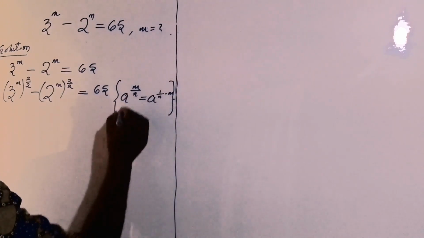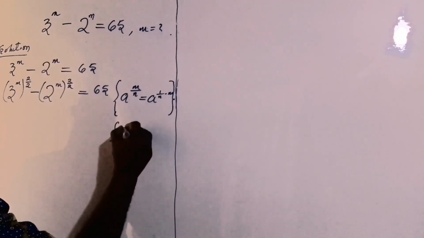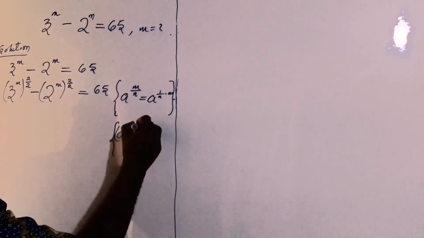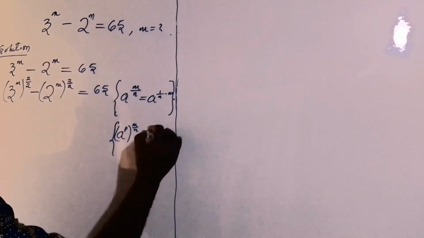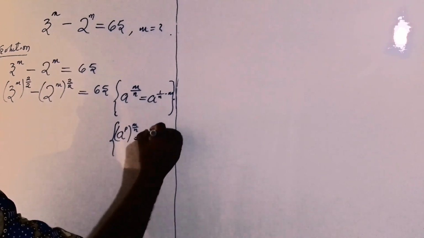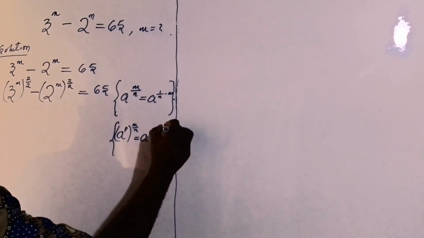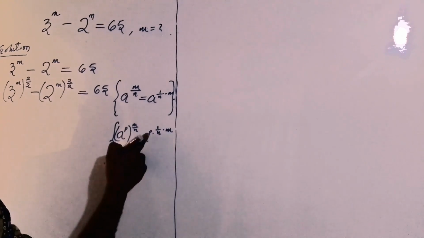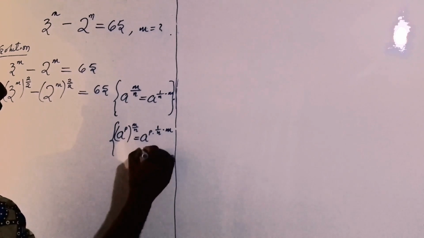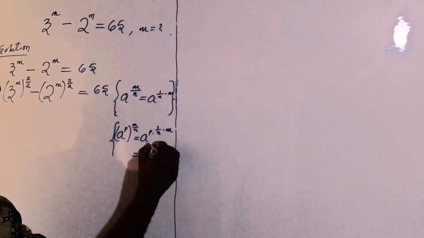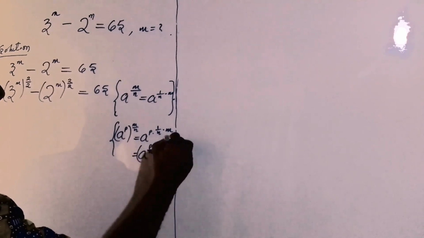Let's keep this, and then we also note that if I have a to the power of p, all to the power of m over n, this is the same thing as a to the power of p times 1 over n times m. So I can multiply p by 1 over n, so this will give me a to the power of p over n, all to the power of m.